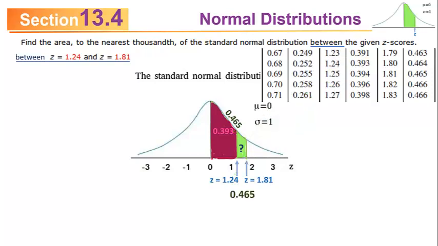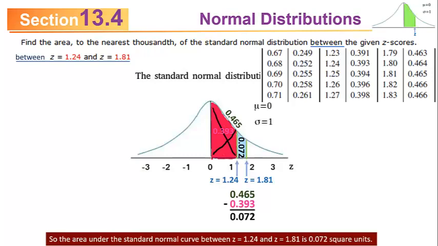So we take the bigger area, 0.465, subtract off the excess area represented by the area from 0 to 1.24, and that leaves us with the area we're actually looking for, which is 0.072. So the area under the standard normal curve between z equal 1.24 and z equal 1.81 is approximately 0.072 square units. You can almost treat this like a game. You've got to figure out what things you can do to get the answer you want.